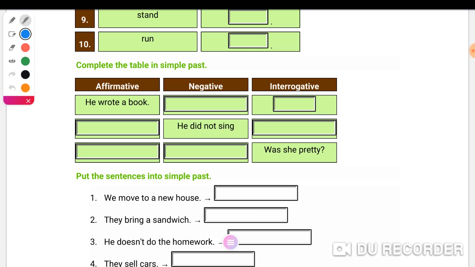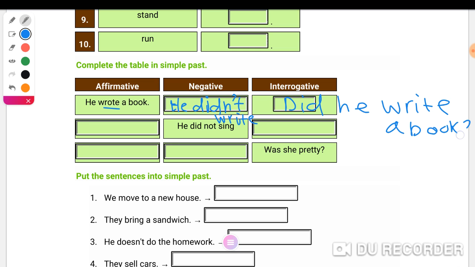He wrote a book. So the negative, he didn't write. Okay, the question form will be, did he write a book? Here, affirmative form, he sang a song.